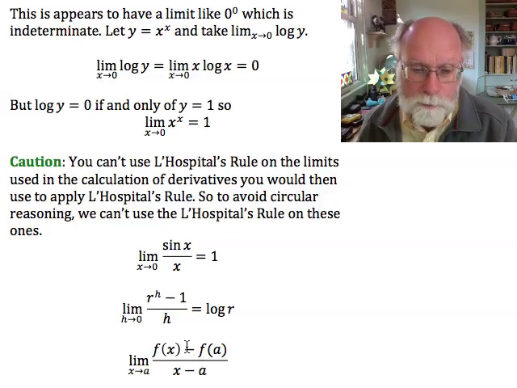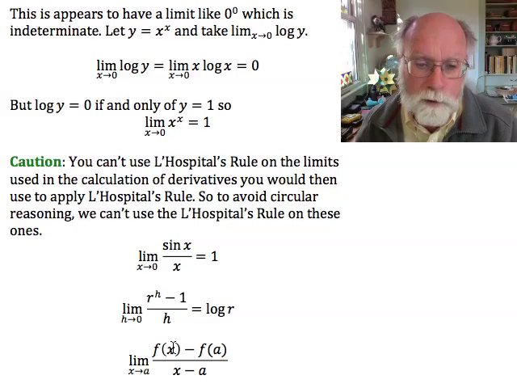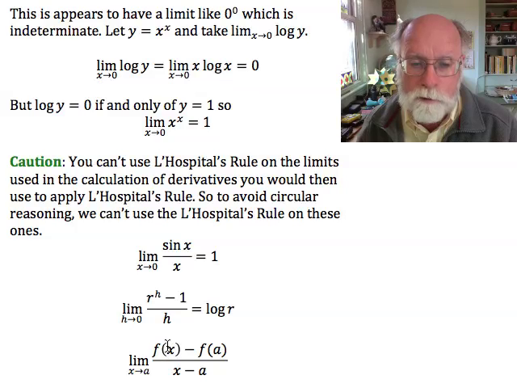It looks like it's begging to have L'Hopital's rule applied, but we can't, because if we use the derivative of the numerator, we'll be using f prime, and this is the definition of f prime. So we'll be using a derivative to evaluate itself. And that bit of circular reasoning is something we really want to avoid in all of our mathematics.